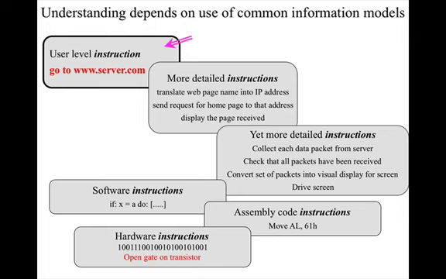This high-level instruction is made up of sequences and combinations of more detailed instructions. Each more detailed instruction is made up of sequences and combinations of yet more detailed instructions, through software instructions, assembly code instructions, down to hardware instructions that can be interpreted as commands like open the gate of a transistor.